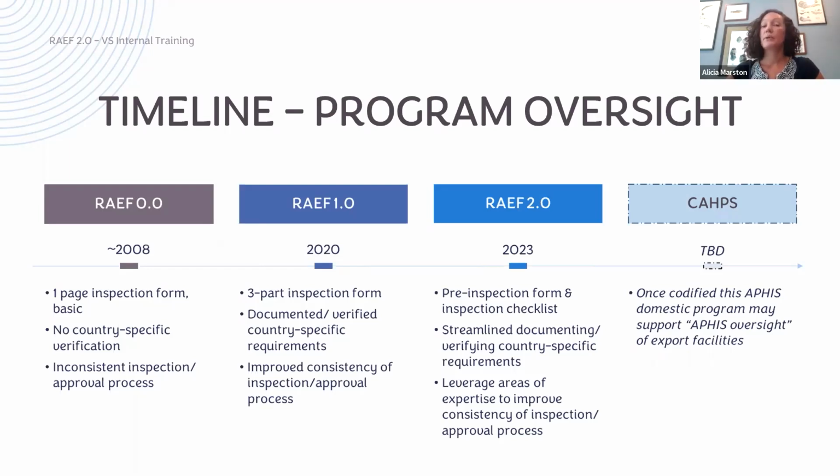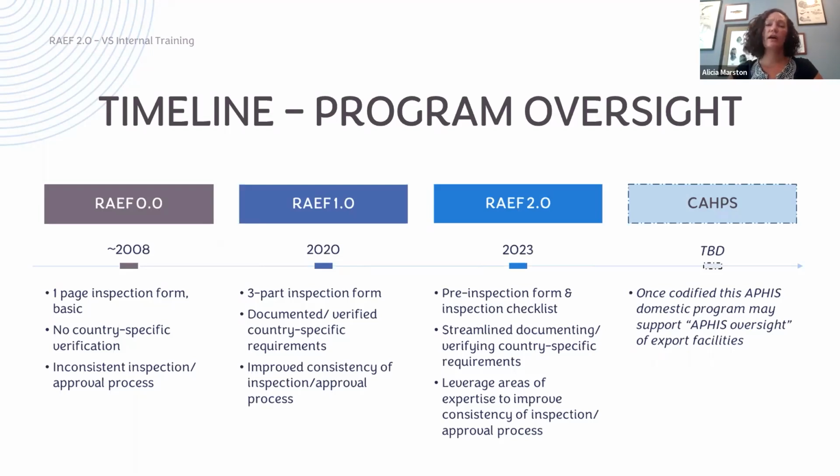So we now have a pre-inspection package that the facility will fill out. We'll go into all of these pieces in much more detail in a little bit. But there's a pre-inspection form. There's an actual inspection checklist that focuses on the export requirements and then also on the facility requirements.